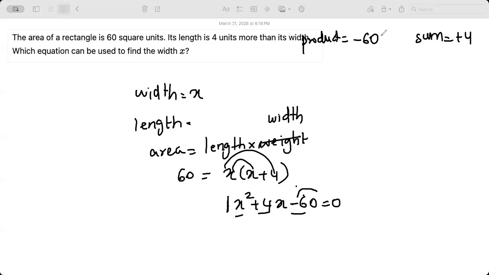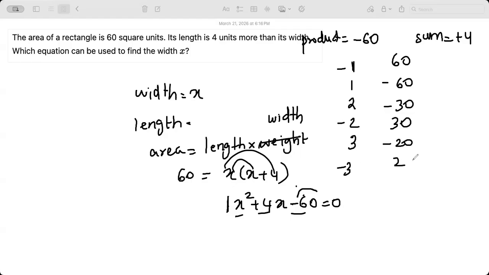So write out the factors of minus 60. Let's start with 1 and minus 60, or minus 1 and 60. Or you can do 2 and minus 30 or minus 2 and 30. They don't sum to 4. Let's keep going. We'll go to 3 and minus 20 or minus 3 and 20. No. What else can I write?